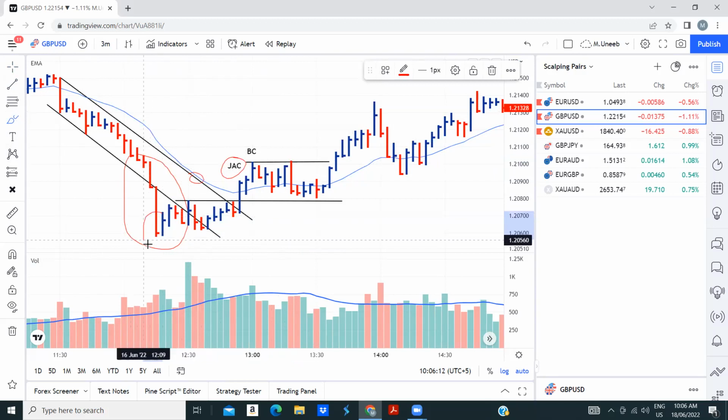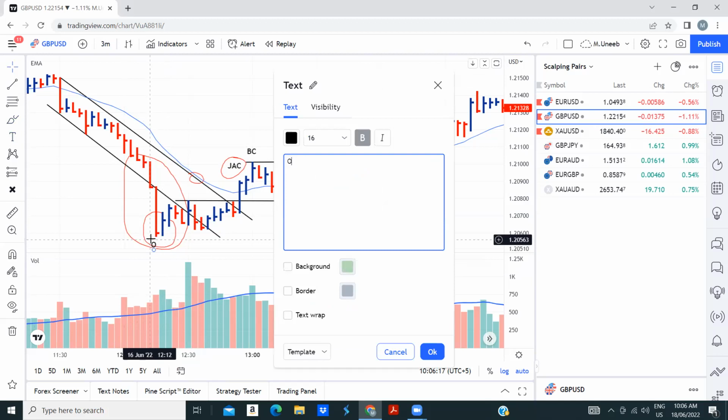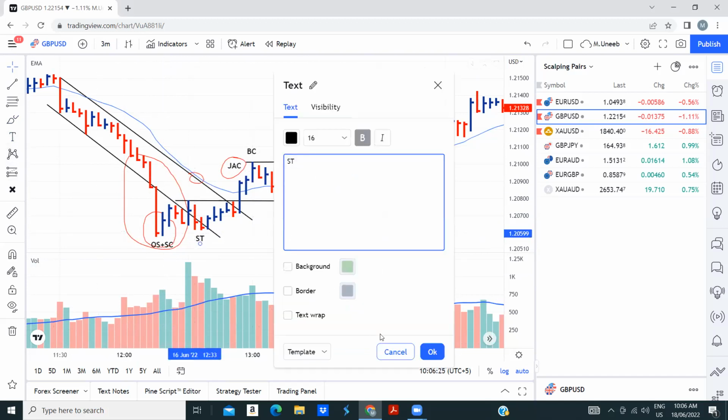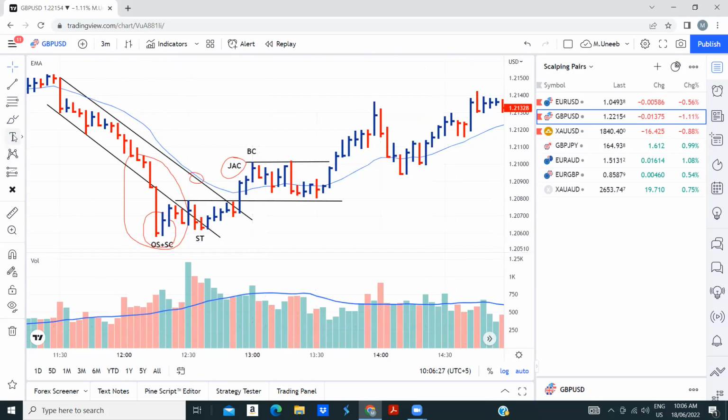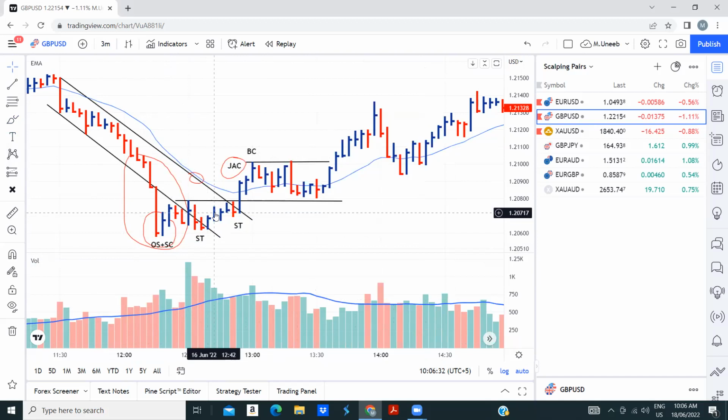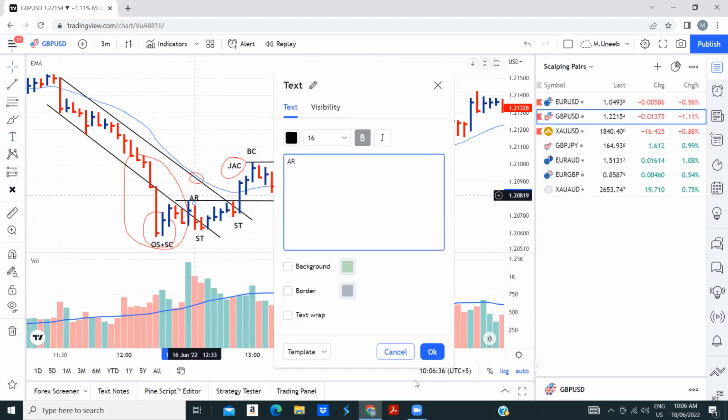And what is this in the background? Oversold plus selling climax, right? This one is a secondary test. This one is a secondary test. Got it? This is AR at the last high.